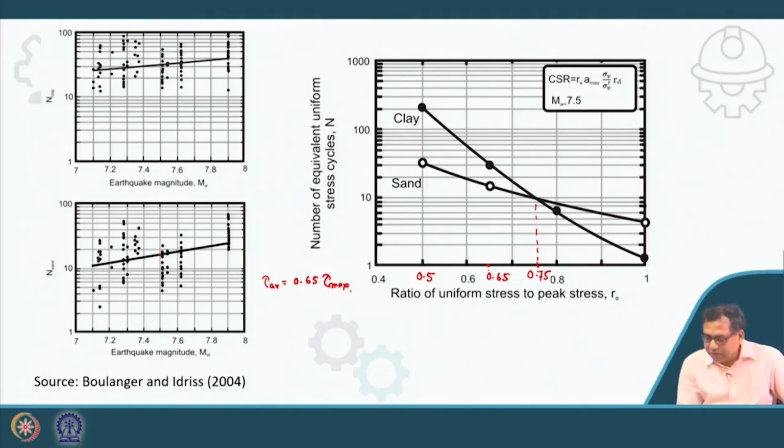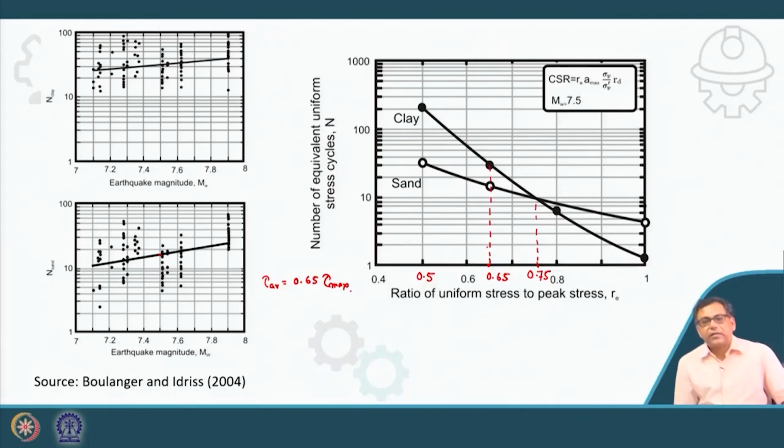And as we use 65% for our case, which is generally considered normal, in that case the number of uniform stress cycles of clay is more than that of sand. Clear? You can see it is almost double.